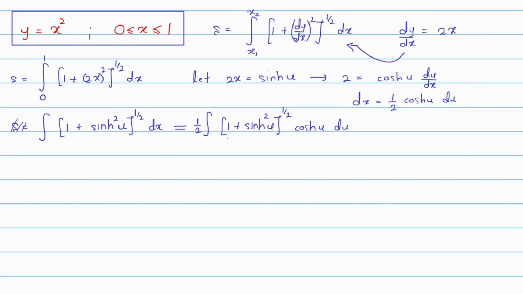Now we know that this particular component, 1 minus sine squared u, is equal to cos squared u. This is because cos squared u plus sine squared u equals 1 due to that identity. Therefore, this can be written as half integration.